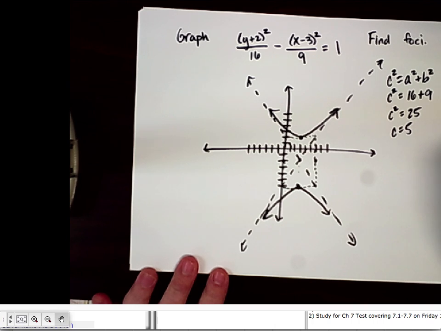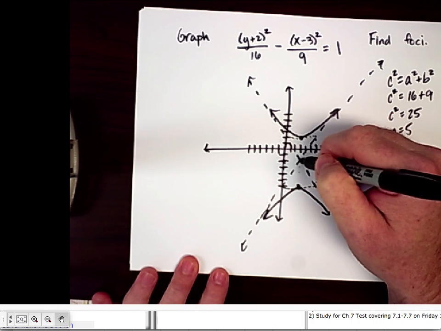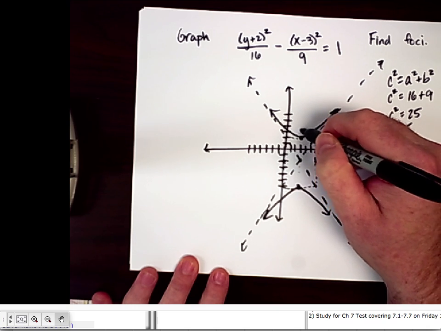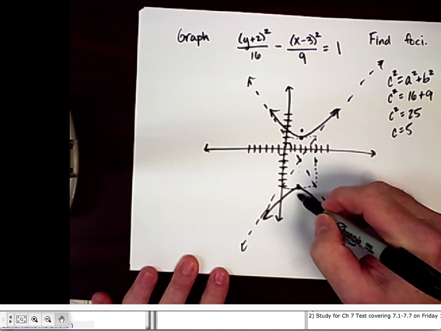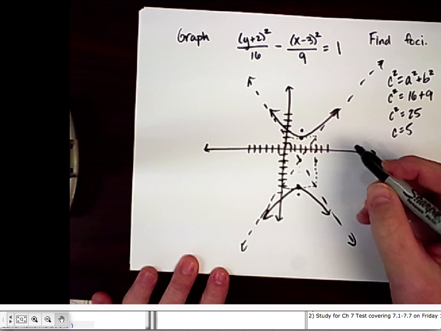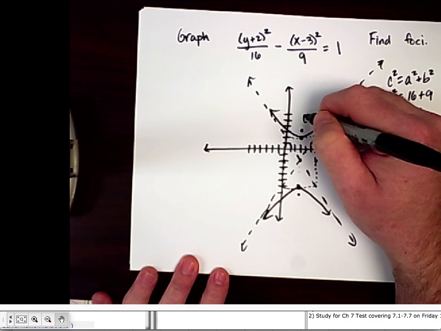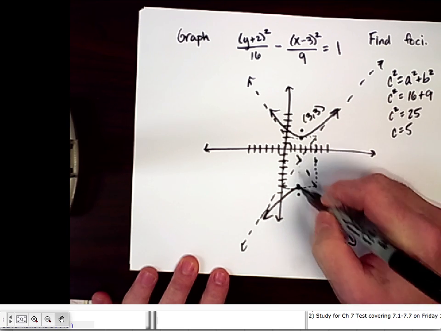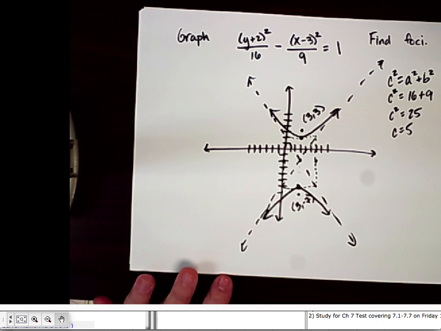So we're going to go up 5. 1, 2, 3, 4, 5. Down 5. 1, 2, 3, 4, 5. So the foci would be at 3, 3, and 3, negative 7. That's it.